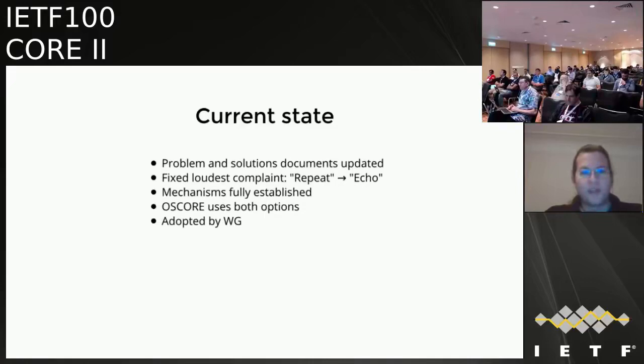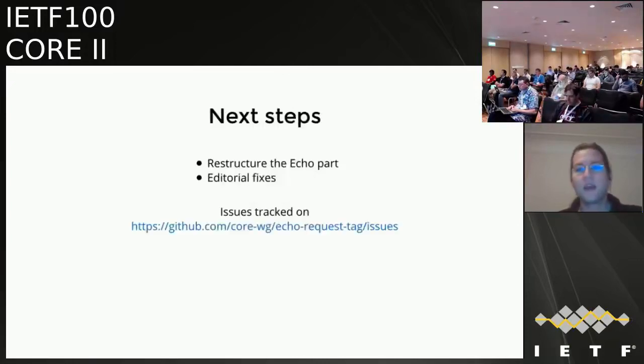The document was taken up by OSCORE, so OSCORE now uses both options where it needs them, and we've been asked to upload the last version as a working group document, which now it is. The mechanisms, so how things work, are, I think, fleshed out by now. So these are functional. Next slide, please.